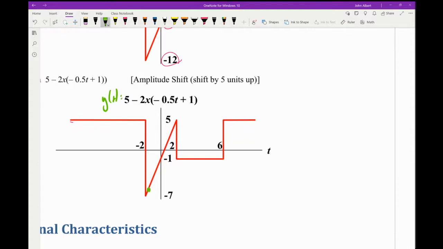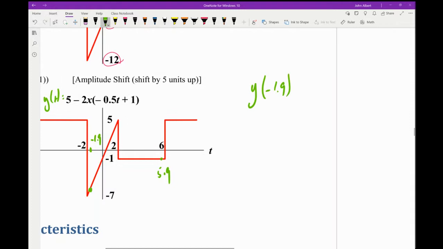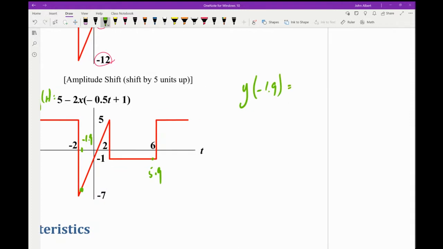Take 2 points. Take this point again, and take this point, for example. 2 points, 3 points if you have a lot of time. And figure out this point is minus 1.9, and this point, for example, is 5.9. Now, based on this, y at minus 1.9 is equal to approximately minus 6.8 maybe, or something like this.